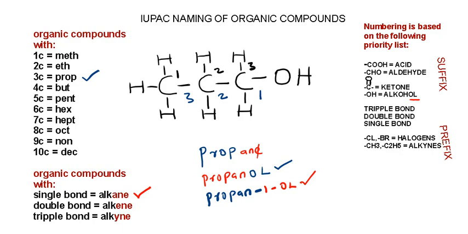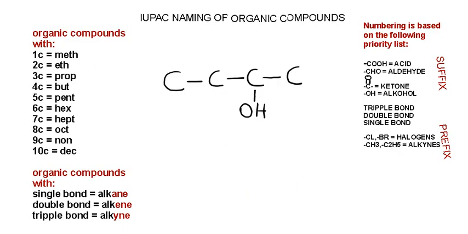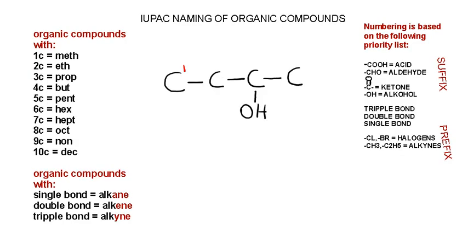Let's take another example. Okay, so we simply number it to find out how many carbon we have. 1, 2, 3, 4 in forward direction. Backward direction we have 1, 2, 3, 4. We have identified 4 carbon, and 4 carbon is called but.